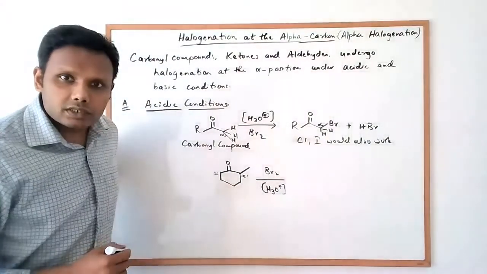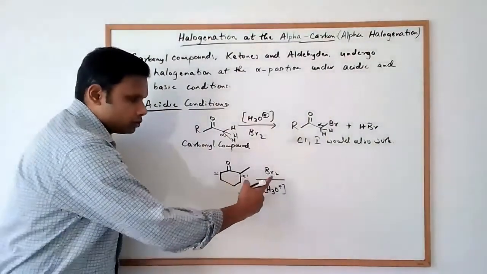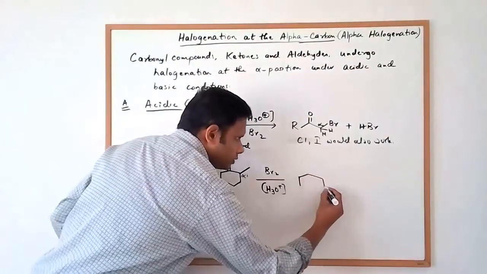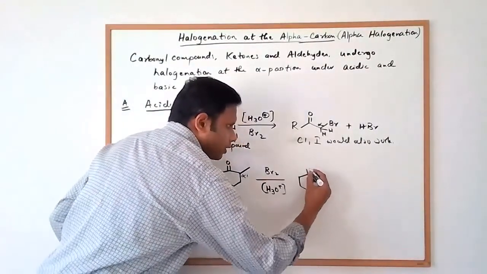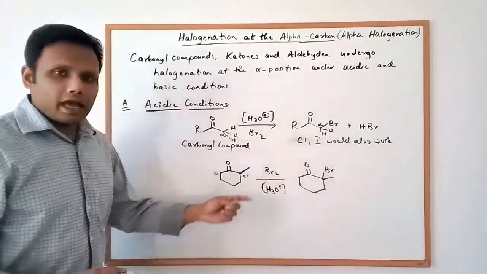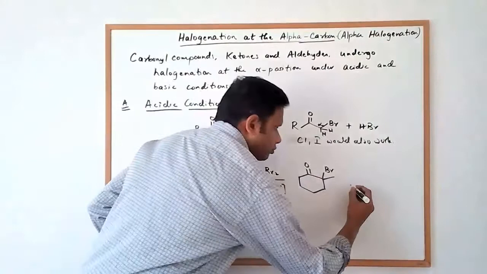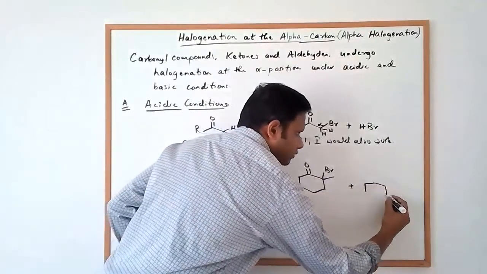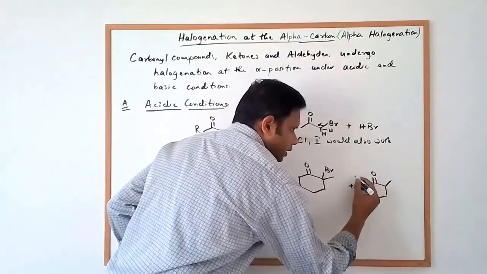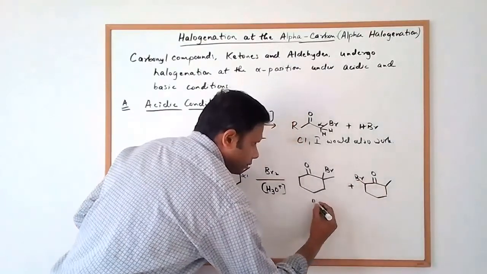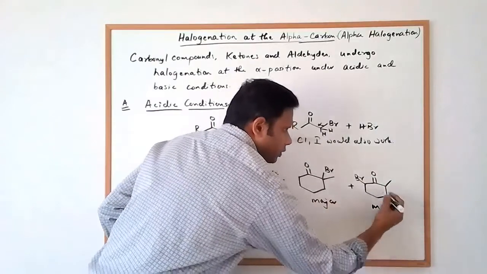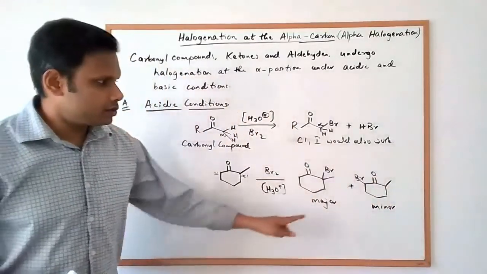So there are two potential alpha carbons here. So in such cases, it is observed that when you do the alpha bromination or the alpha halogenation of these molecules, the major product is when the halogen lands at the more substituted alpha carbon. Okay, that's the major product, and the minor product is going to be the one where the halogen is at the less substituted carbon.